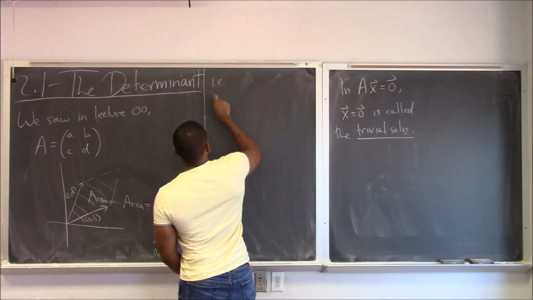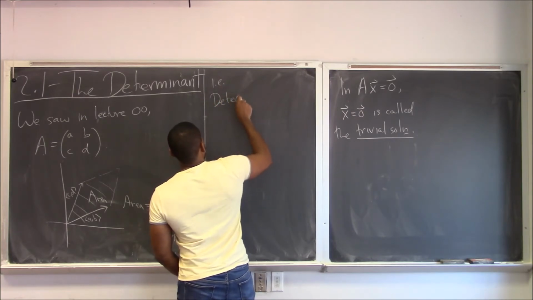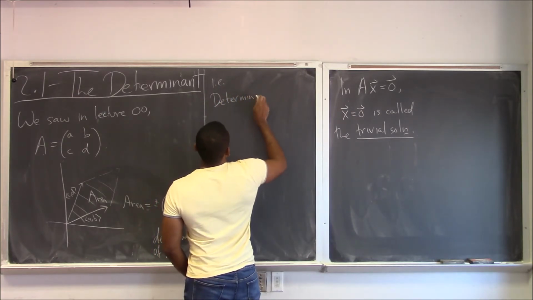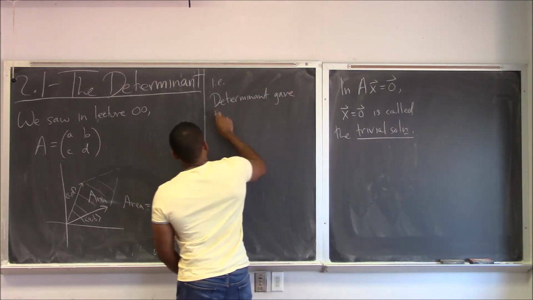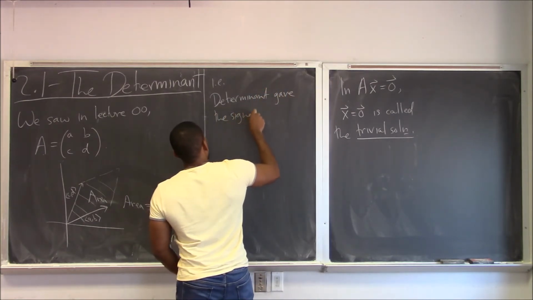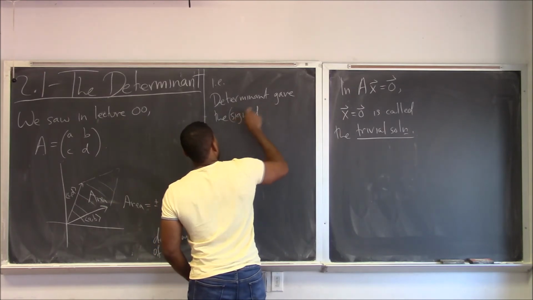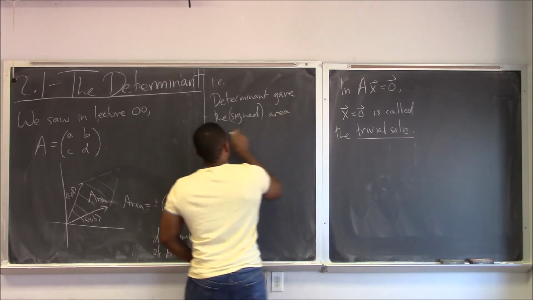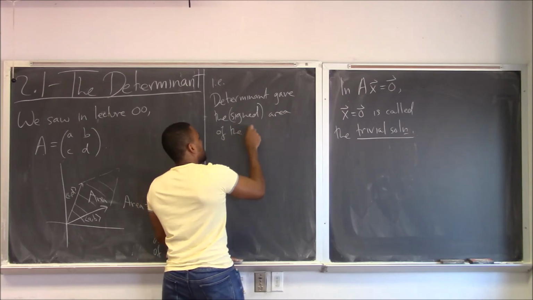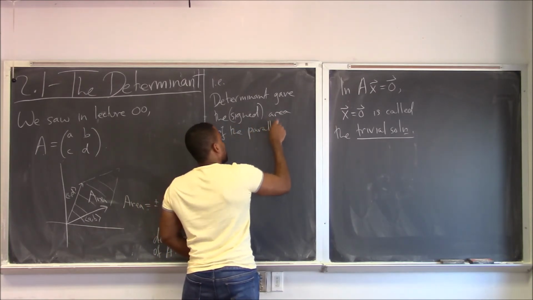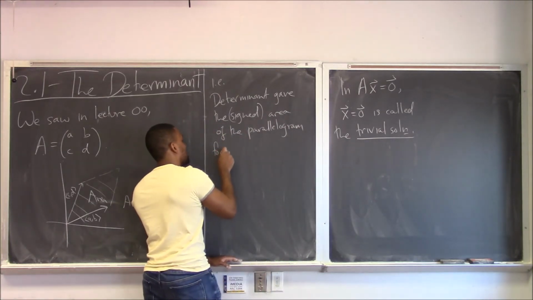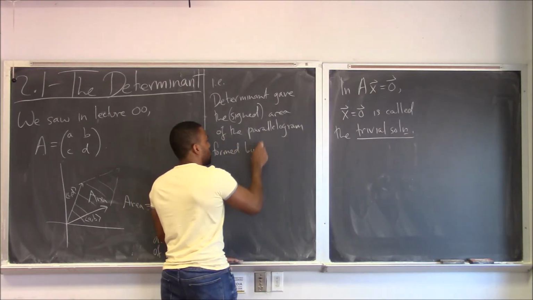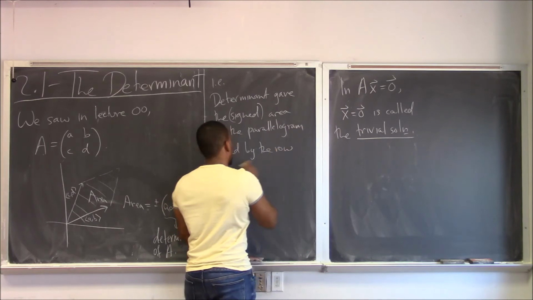I.e., the determinant gave the signed area of the parallelogram formed by the row vectors.